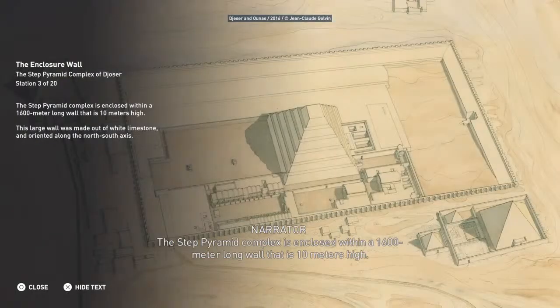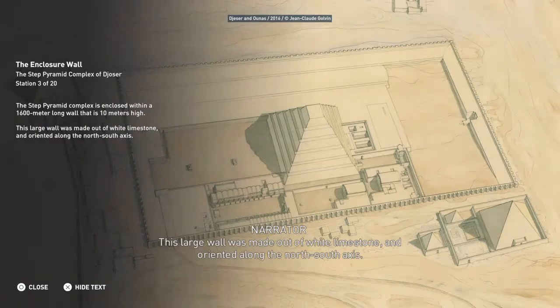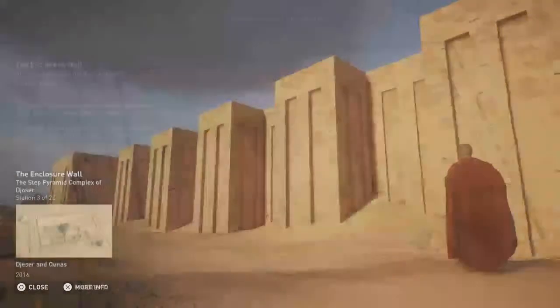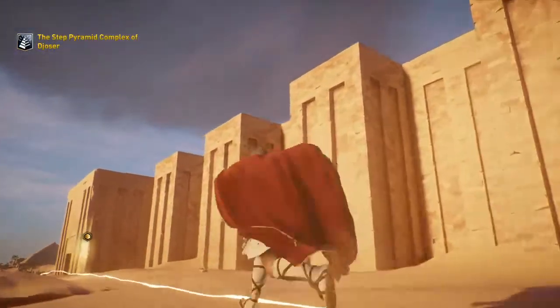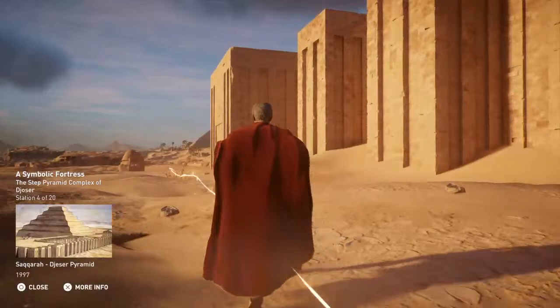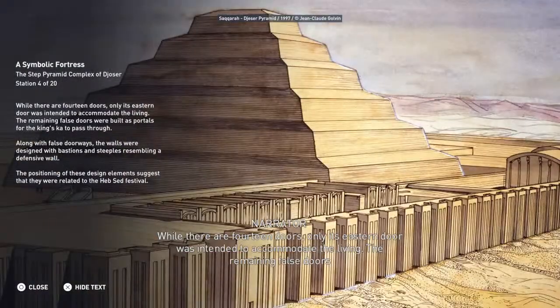The step pyramid complex is enclosed within a 1,600-meter-long wall that is 10 meters high. This large wall was made out of white limestone and oriented along the north-south axis. While there are 14 doors, only its eastern door was intended to accommodate the living.